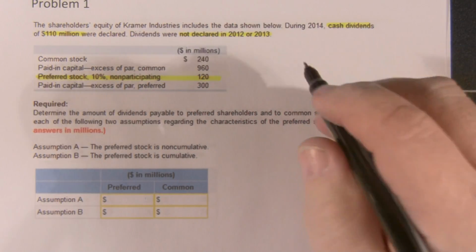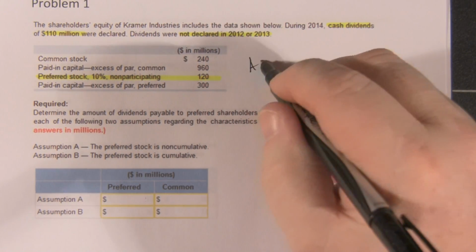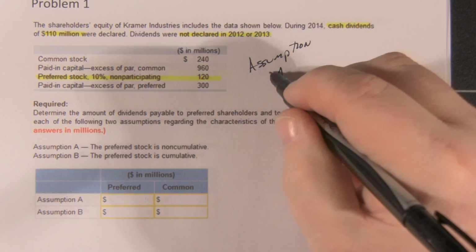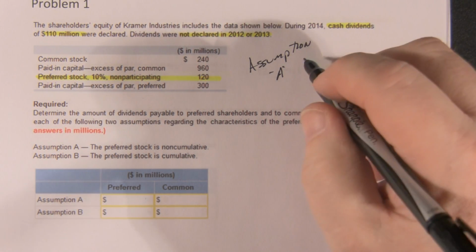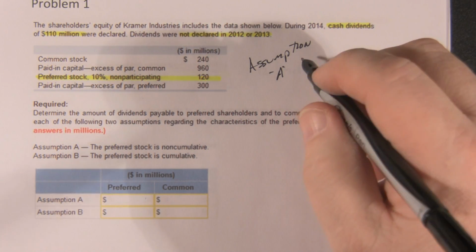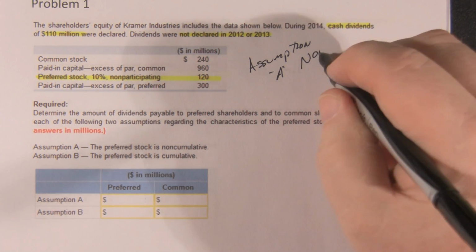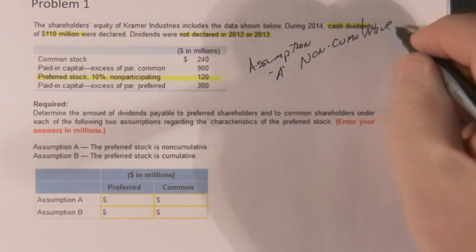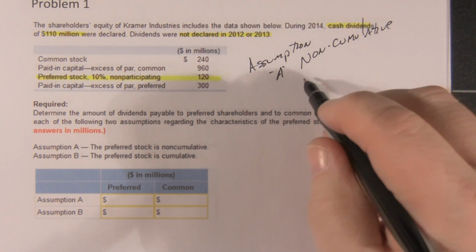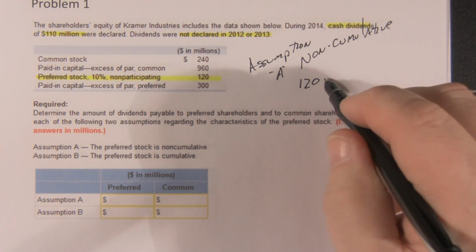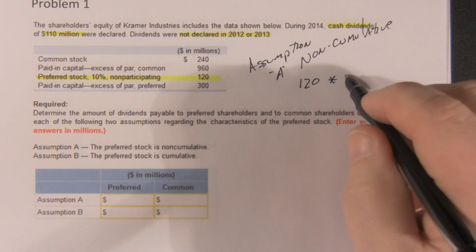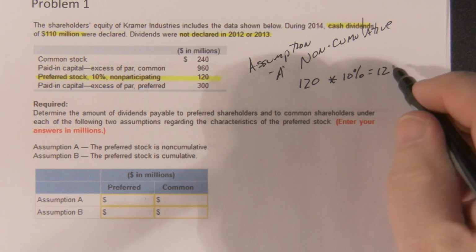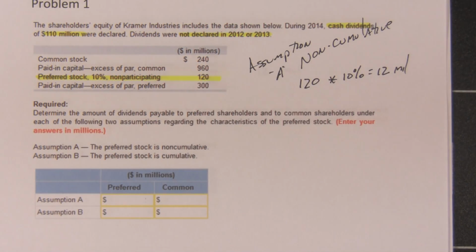All together, and this is assumption A, which is the non-cumulative. So we have 120 million times 10%. That's 12 mil that goes to the preferred shareholders.